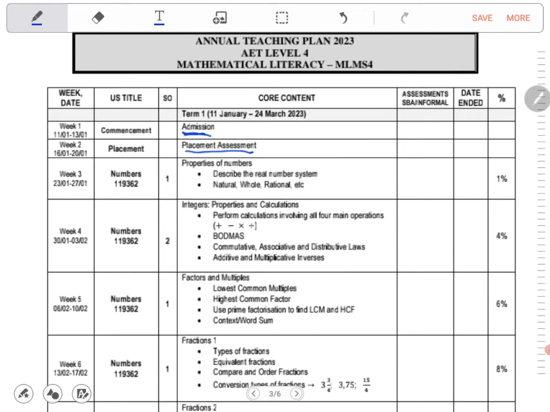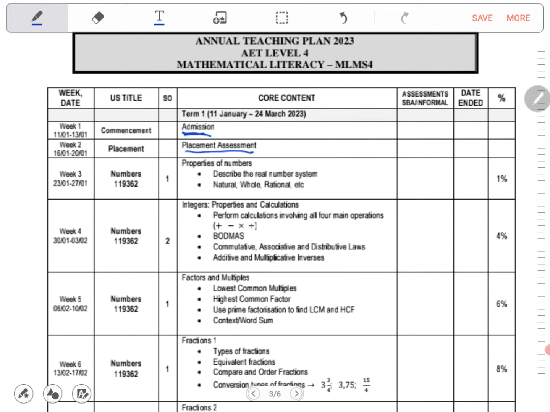This is a placement assessment test that will enable your teachers to put you in a proper class, either in AET level 1, 2, 3, or 4. So the AET level 4 that we are busy talking about is an exit certificate.